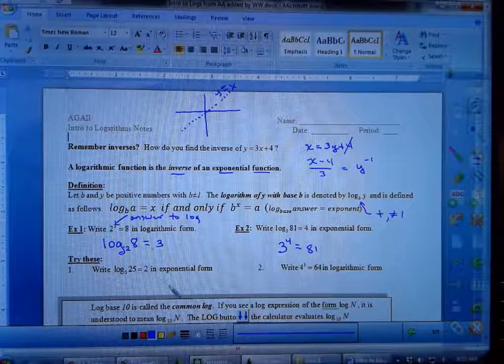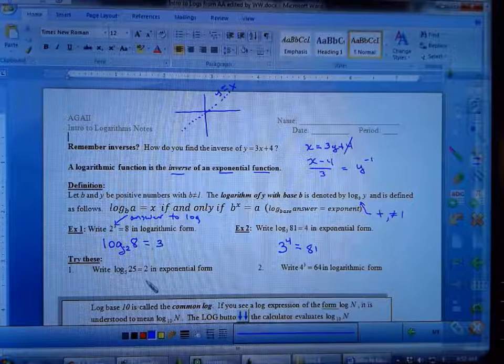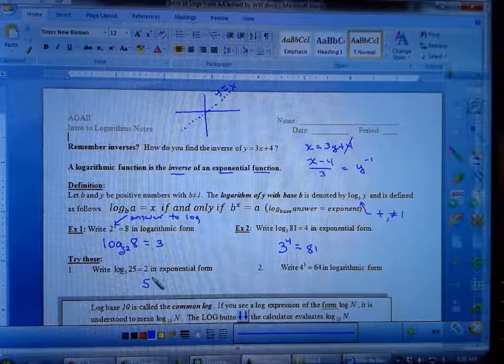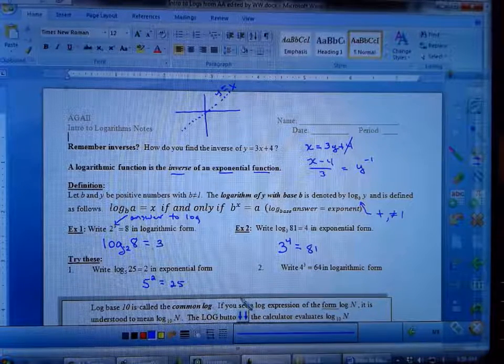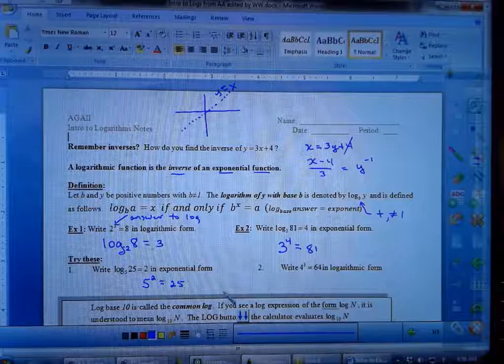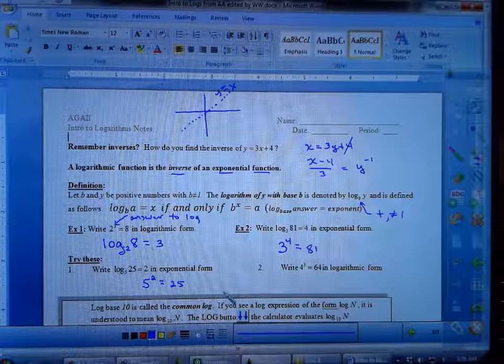All right, so let's try some. Write log base 5 of 25 is equal to 2 in exponential form. That is simply 5 squared is equal to 25. Now these are values you know. What about when it comes down to unknowns? You still have to know the relationship and how to rewrite them.